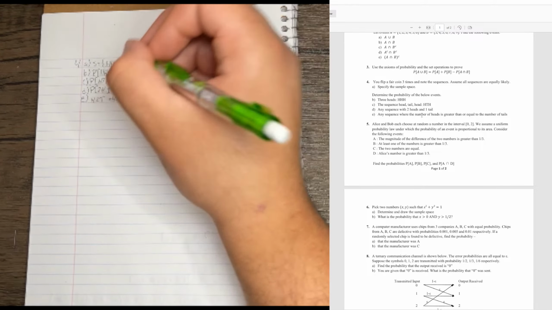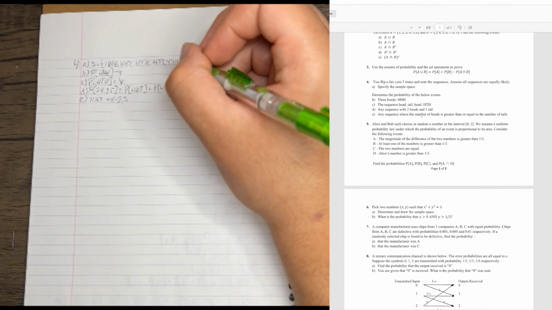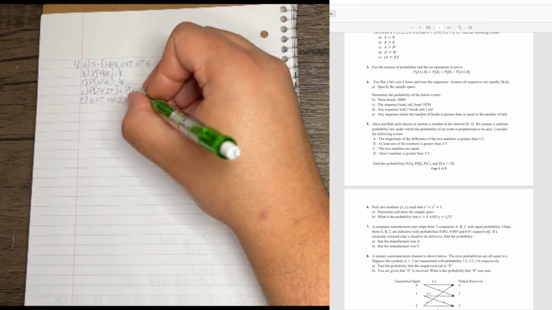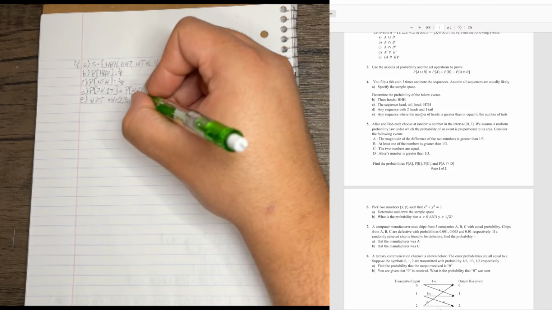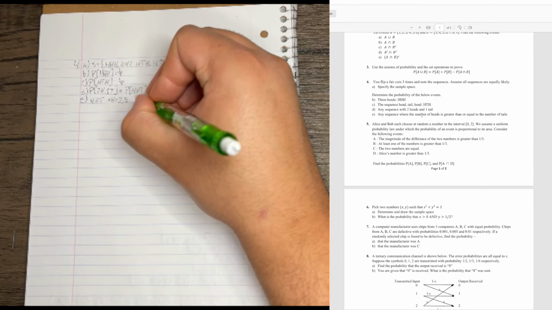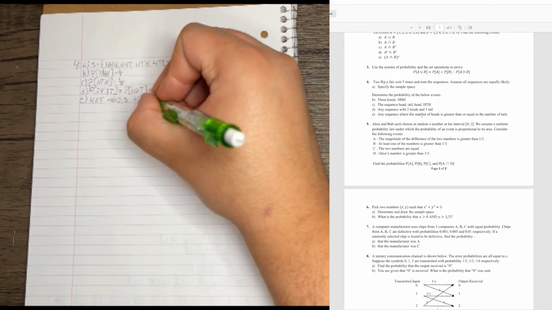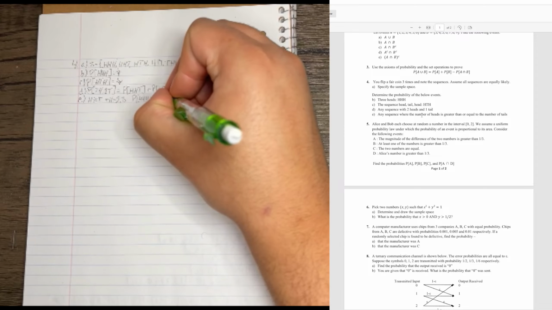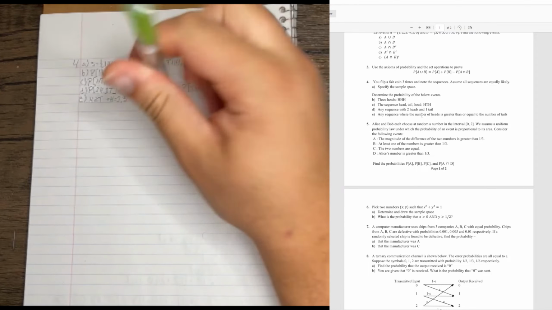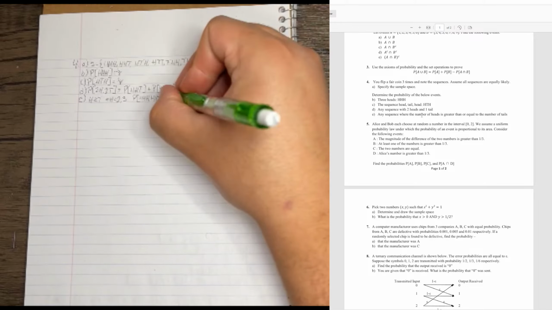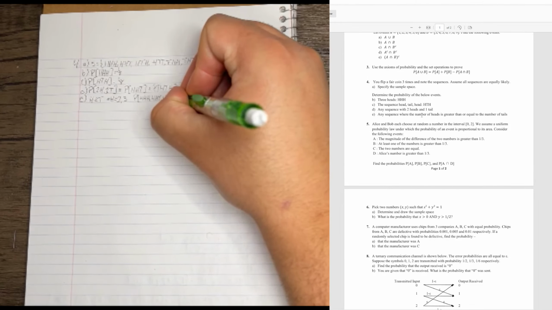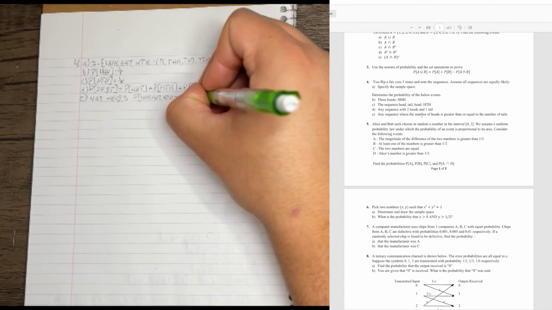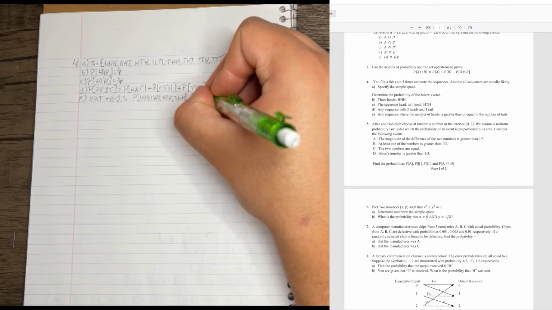So we'll do probability of HHH, HHT, HTH, THH, which is equal to 4 out of 8, which is equal to 1 out of 2.